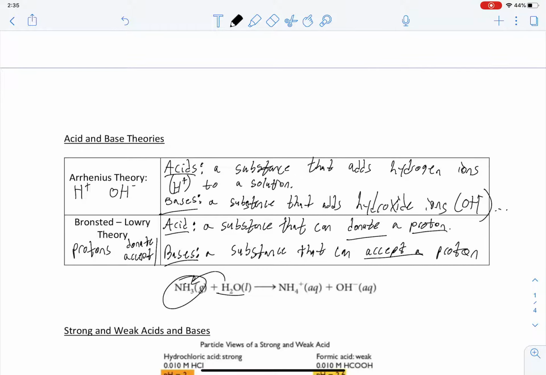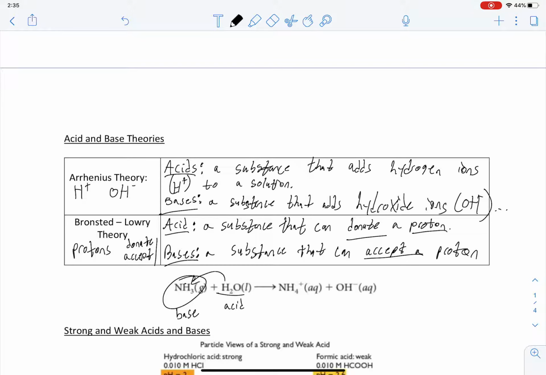So if we had to label in a chemical equation which one is the acid, which one is a base, because really in any equation you always need one acid and one base. You need one donating and you need one accepting. So in this case we lose a hydrogen ion, or we move it to ammonia. So ammonia is accepting that proton, so that's going to be the base. Hydrogen in this case is an acid.